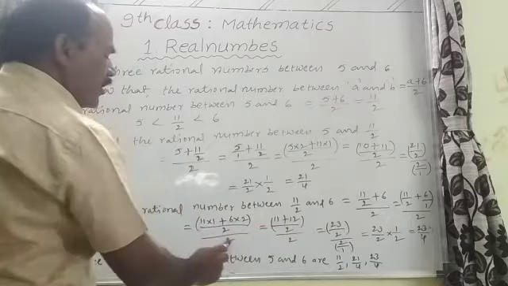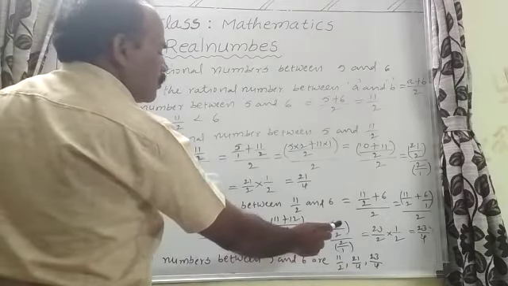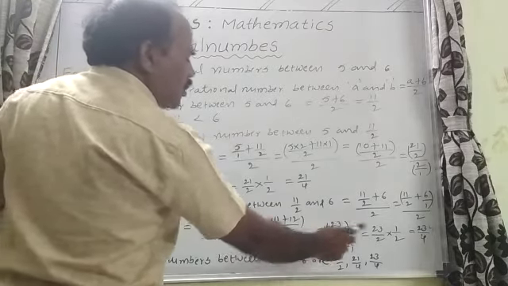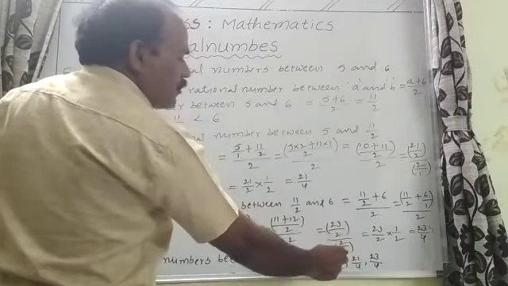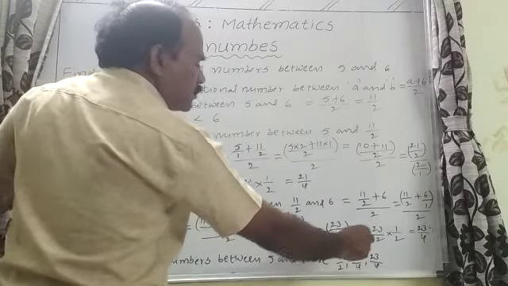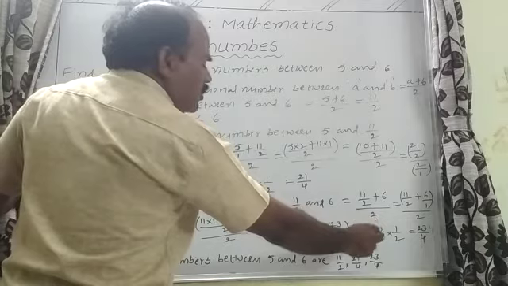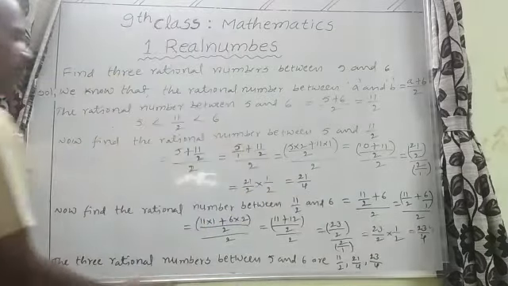The denominator is 2. 11 plus 12 is equal to 23 by 2, divided by 2, which means 2 by 1. This is division of rational numbers, so the fraction becomes its reciprocal. 23 by 2 into 1 by 2 is equal to 23 by 4.